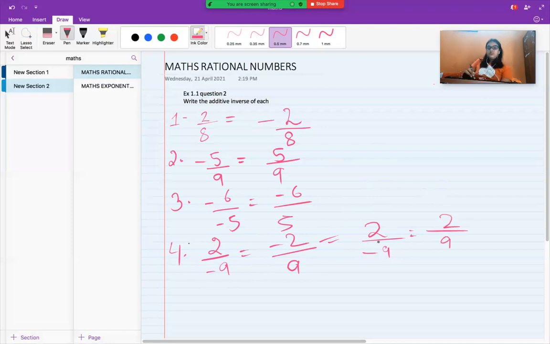Now that we have taken the minus from this, minus 1 into 2, the answer is minus 2. So it will be minus 2 by 9.